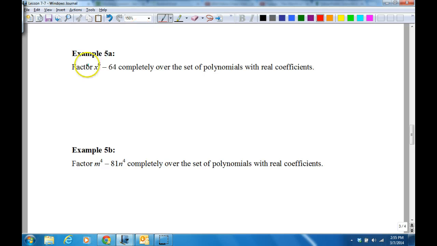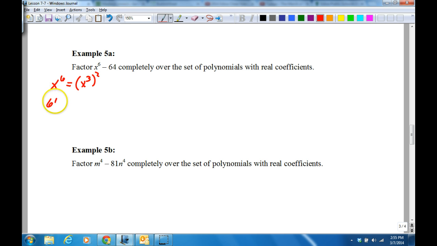So this one, notice that we have x to the 6th minus 64, okay? I'm going to tell you something. There's a little trick here. x to the 6th is the same thing as x to the 3rd, to the 2nd power, right?